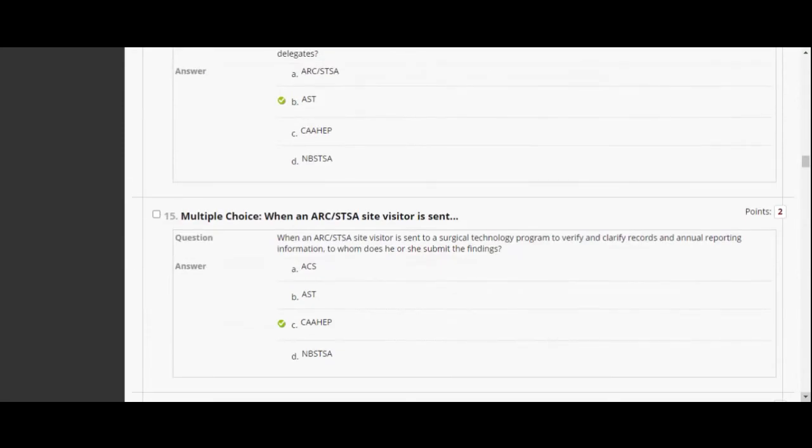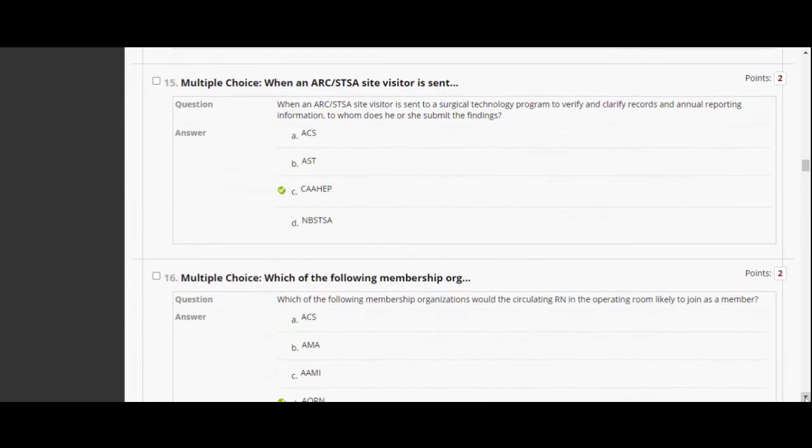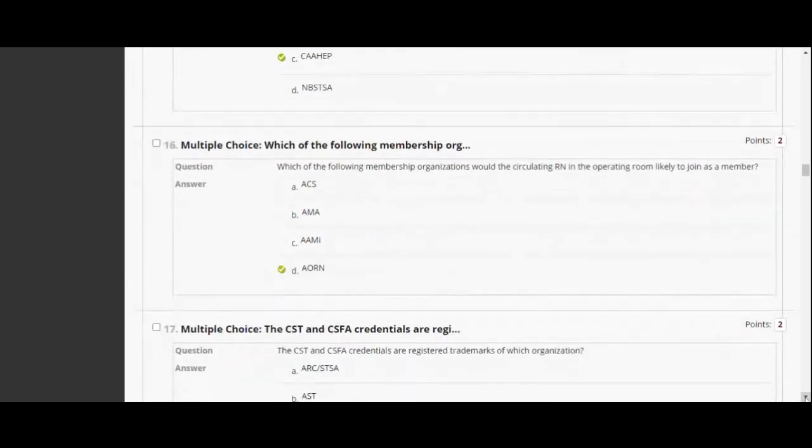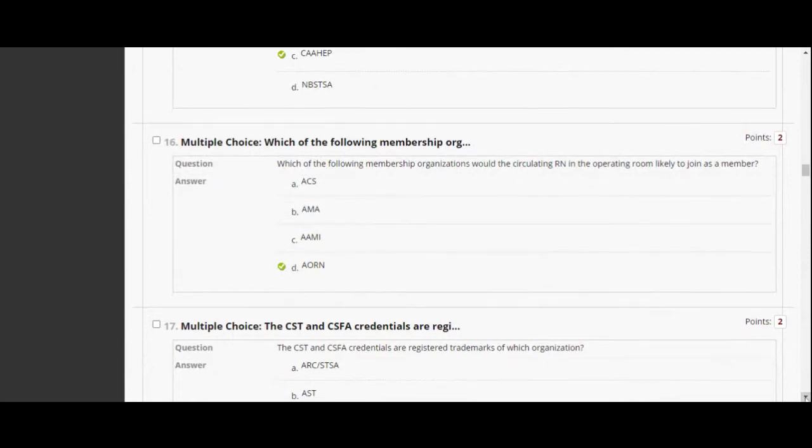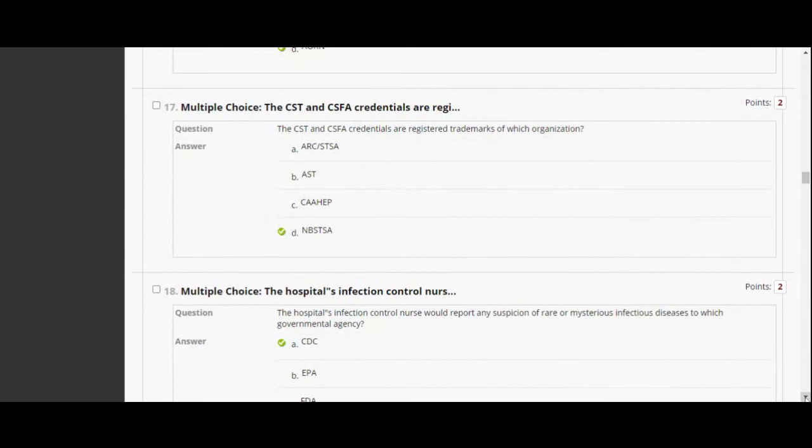When an ARC/STSA site visitor is sent to a surgical technology program to verify and clarify records and annual reporting information, to whom does he or she submit the findings? CAAHEP. Which of the following membership organizations would the circulating RN in the operating room likely join as a member? AORN.